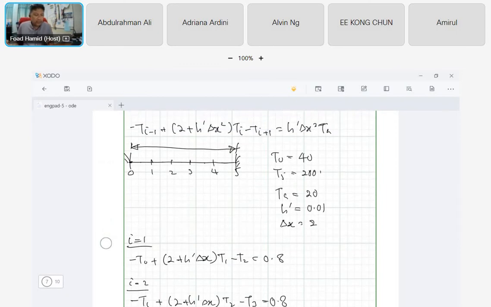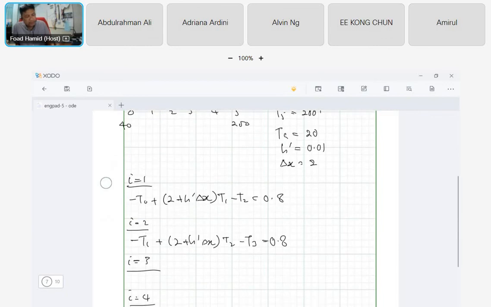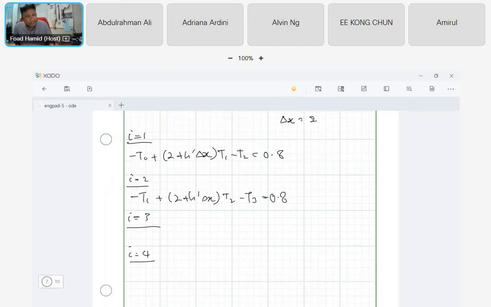Take a look at this problem here. How many unknowns are here? This is known as 40 degrees. This is 200. And these are the unknown temperatures, 1, 2, 3, 4. And how many equations do we have here? 1, 2, 3, 4. So we have 4 equations, 4 unknowns.